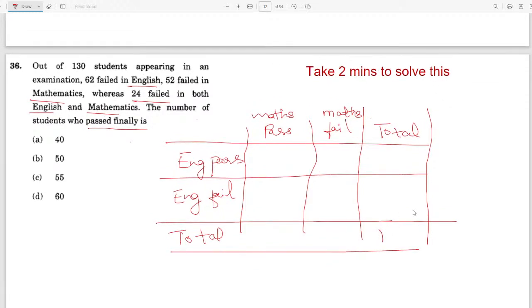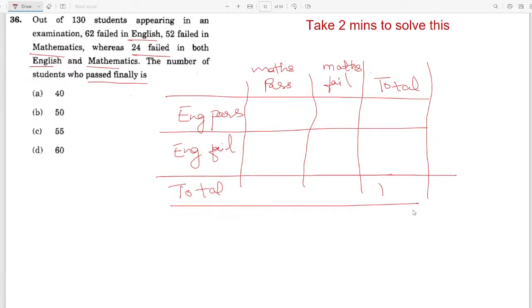So please watch carefully how I would solve this question. Out of that 130, 62 have failed in English. So English fail is 62. English pass would be 130 minus 62, that would be 68.